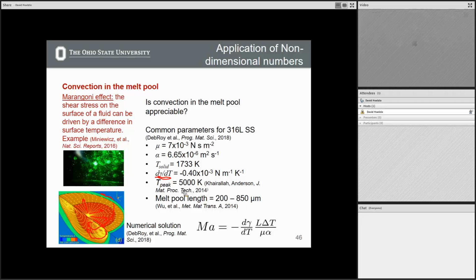But this would give us, in terms of this Marangoni number, a worst case scenario to understand is this appreciable or not. All right. Melt pool lengths vary, but anywhere between 200 to 850 microns for this fundamental length here, L.